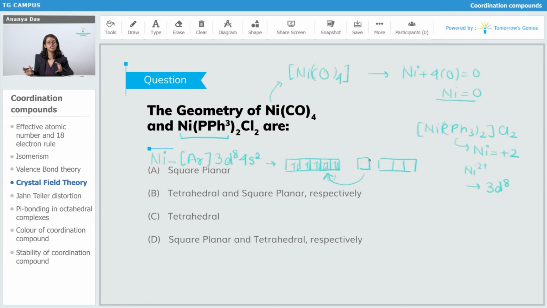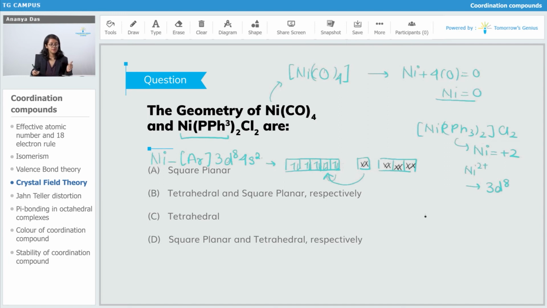The electrons from the s orbital go to the half filled orbitals of the 3d. So the electron pairs of the 4 CO ligands come into sp3. So the structure is tetrahedral for Ni(CO)4.